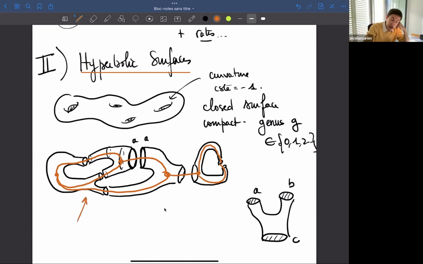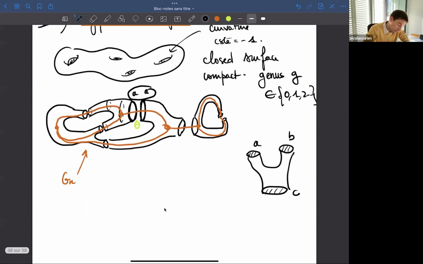and edges being along the lengths of the pants. So you have a trivalent graph, Gn, and what you need on top of that are those coordinates, which are the lengths of the belts of the pants you want to glue. And there is an additional coordinate, which is the twist, the angle you may turn your trousers before sewing them together. Okay?